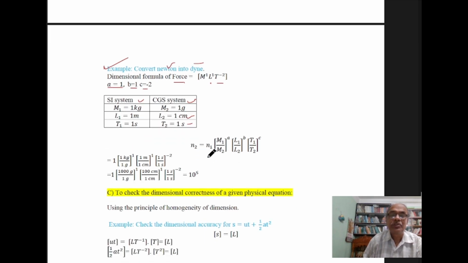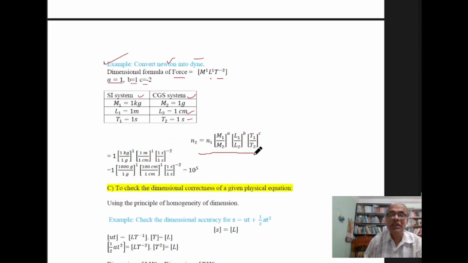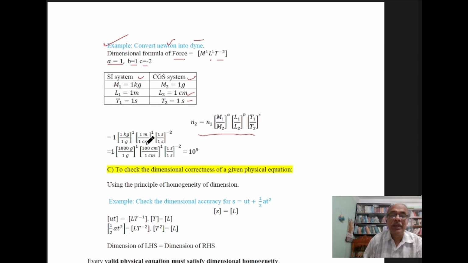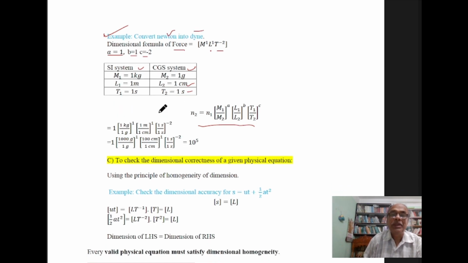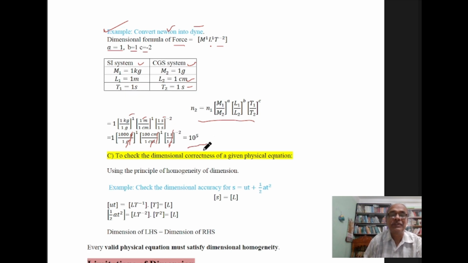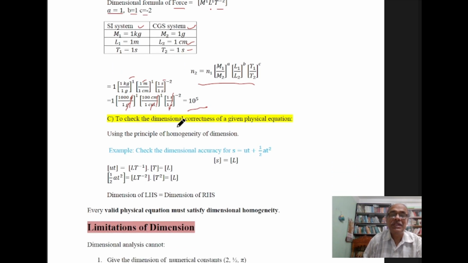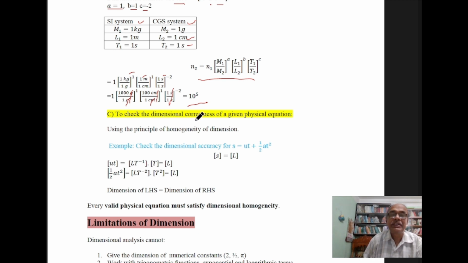So you take the formula and substitute, putting all the units here. After that you convert kg into gram, meter into centimeter. Then gram will be cancelled, centimeter will be cancelled, and the final result will be 10 to the 3 times 10 to the 2, so 10 to the power 5.